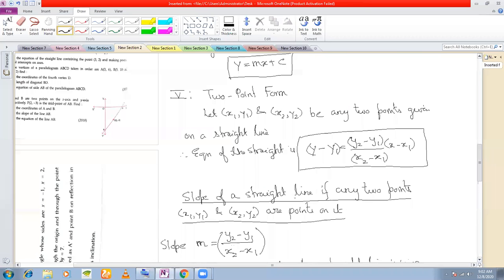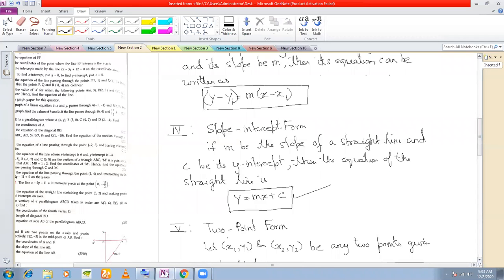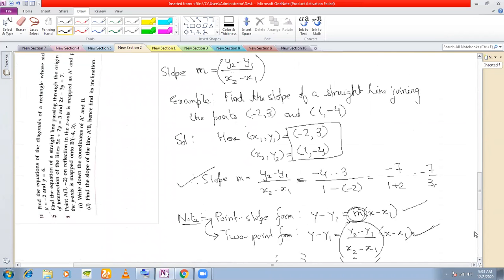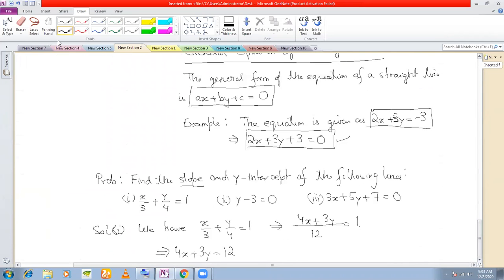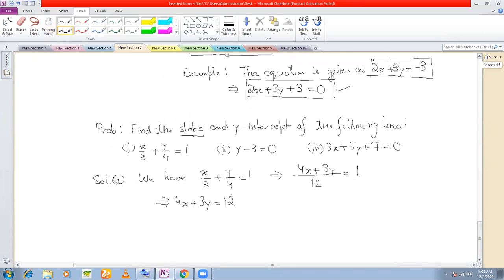the slope intercept form, y is equal to mx plus c. If you want to find the slope, we would like to write this equation in the form y is equal to mx plus c. Why? We'll see. So now write this in terms of y. 3y is equal to minus 4x plus 12.